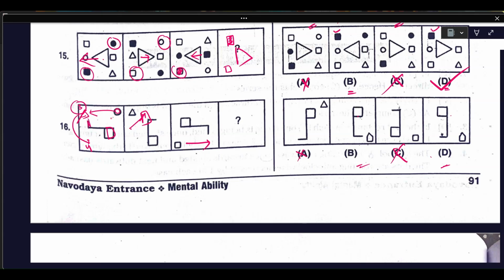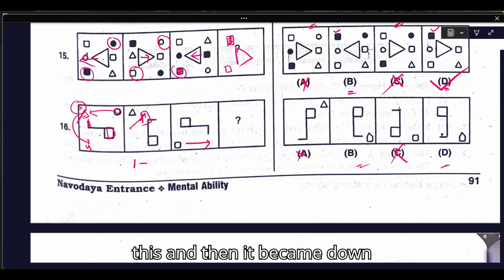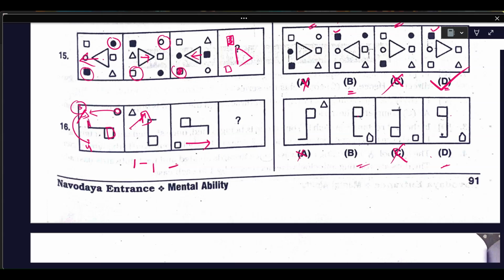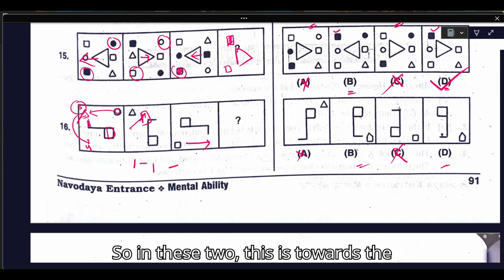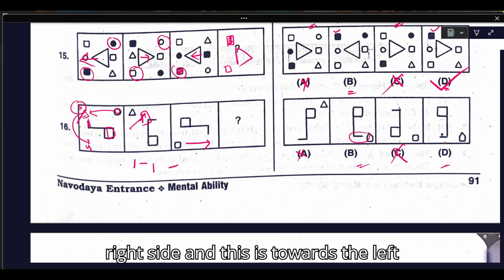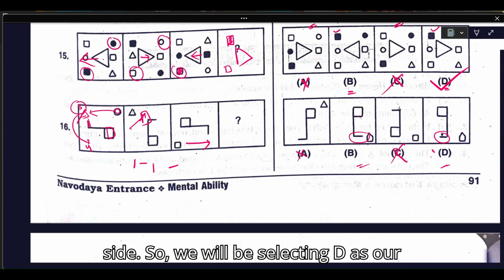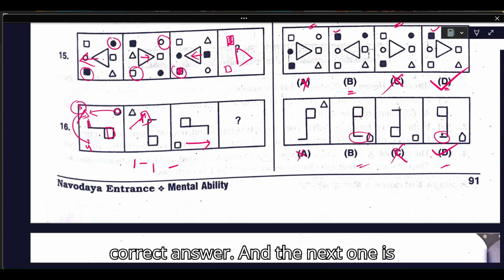It was showing up, and then it became this, and then it became down, and obviously then it should be towards the left side, right? So in these two, this is towards the right side and this is towards the left side. So we will be selecting D as our correct answer.